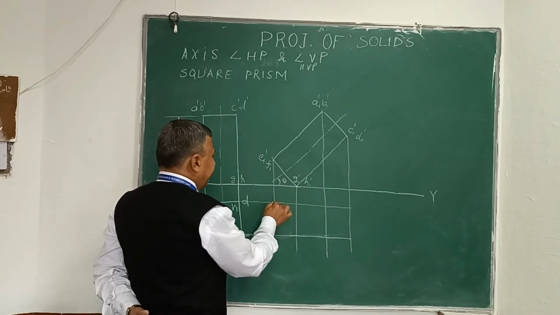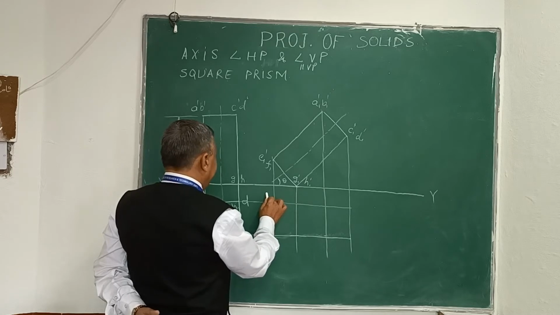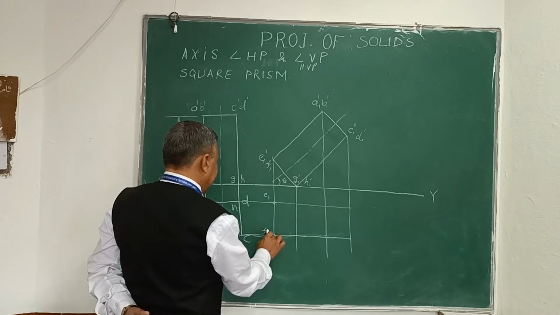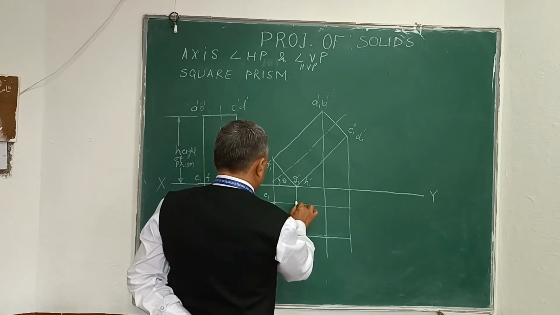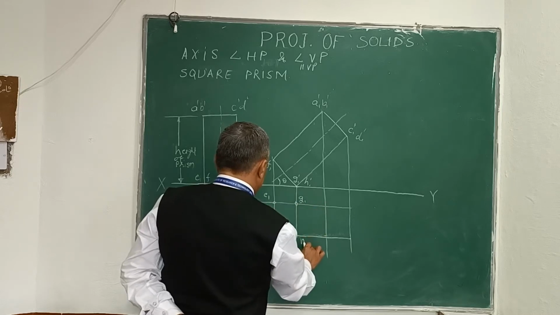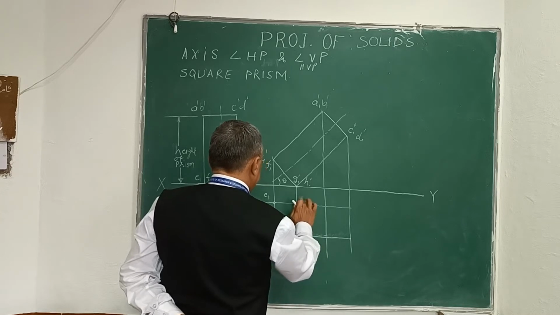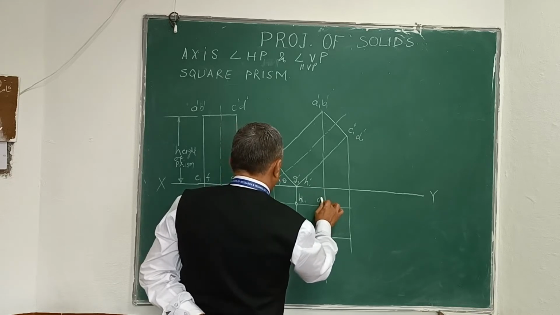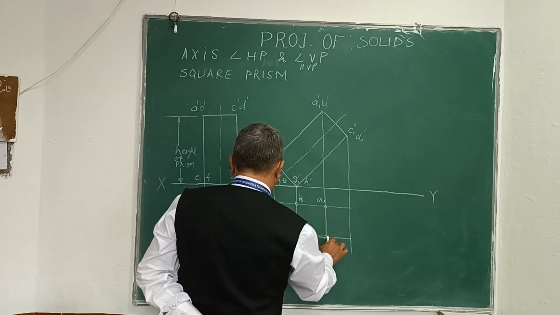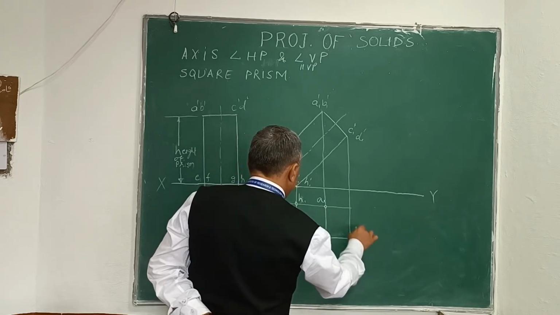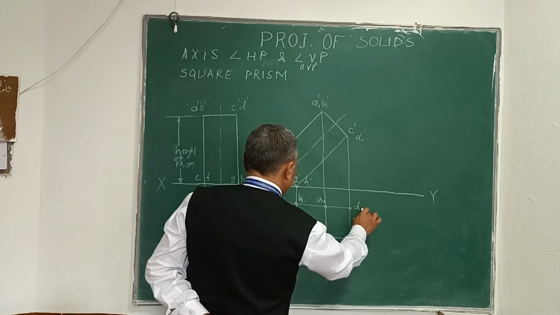So this is our point E1, this is our point F1, this is our point G1, this is H1. This is our point A1, this is B1, this is C1 and this is D1.